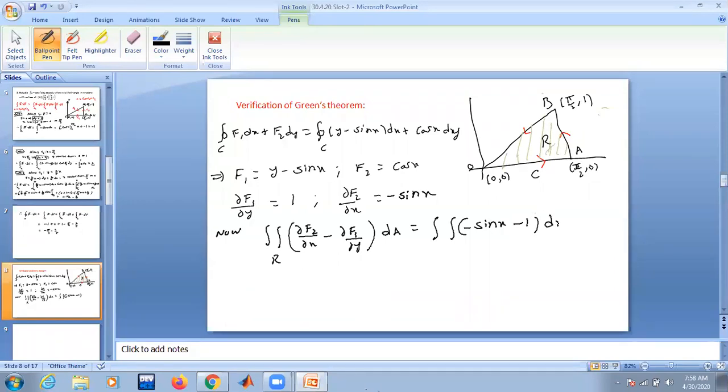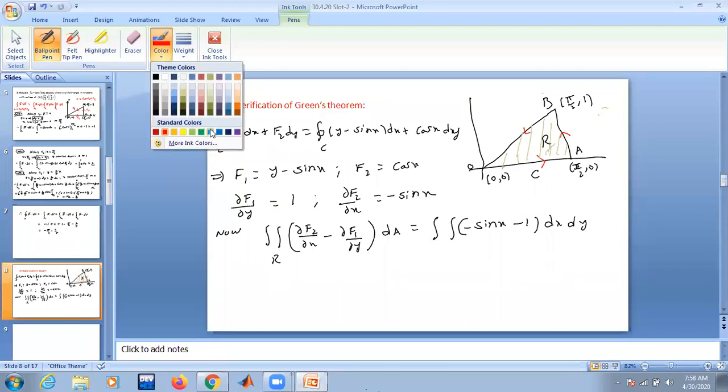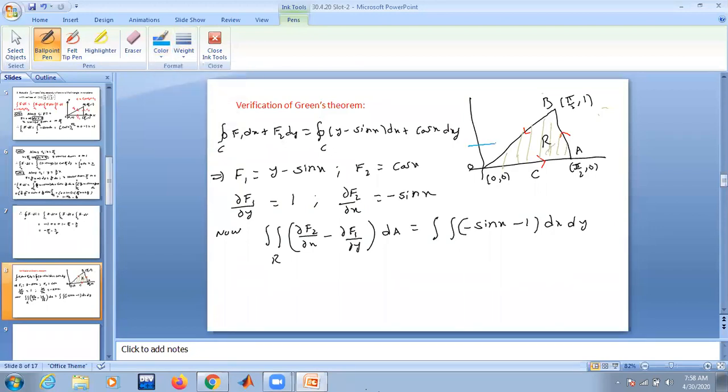So if we take dx dy, what are the x limits? You have to draw a line parallel to the x-axis. It is entering through this line, leaving through this line. Is it the same throughout the region?